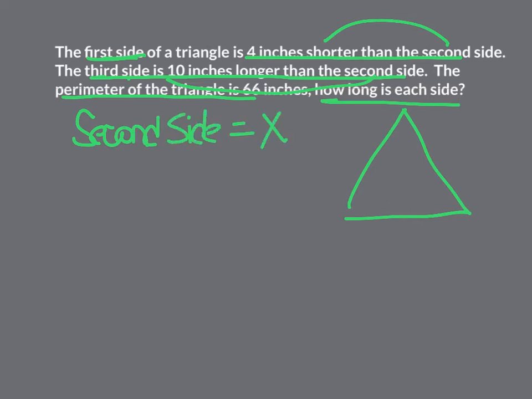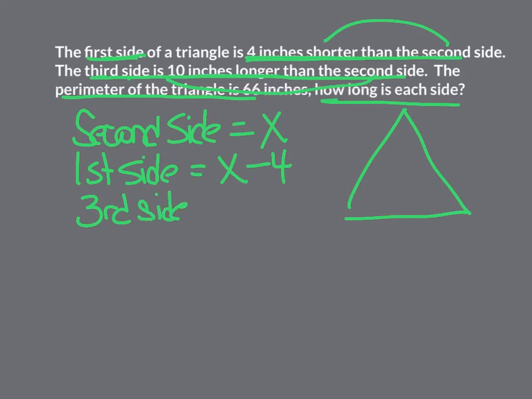So let's say that the second side equals x. All right, my first side is 4 inches shorter than the second. So how would we write that? It's the second, so it's 4 inches shorter, so minus 4. And then the third side, well, it's 10 inches longer than the second, so it'd be the second plus 10.